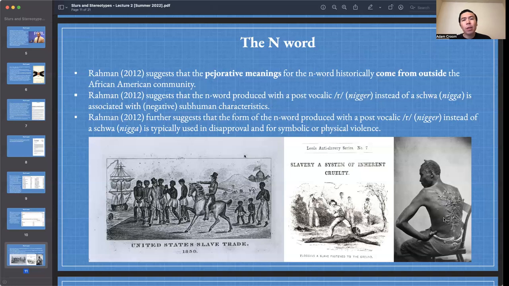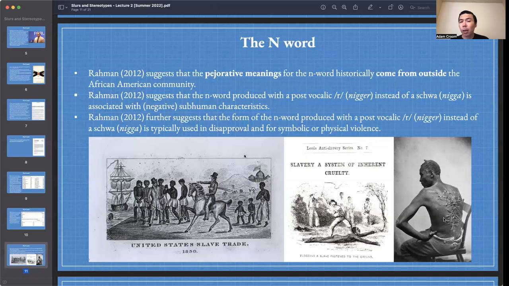So Rahman is going to offer some explanation for these two different usages. Rahman suggests that the pejorative or derogatory meanings for the N-word historically come from outside the African American community. Okay, so from out-group members.